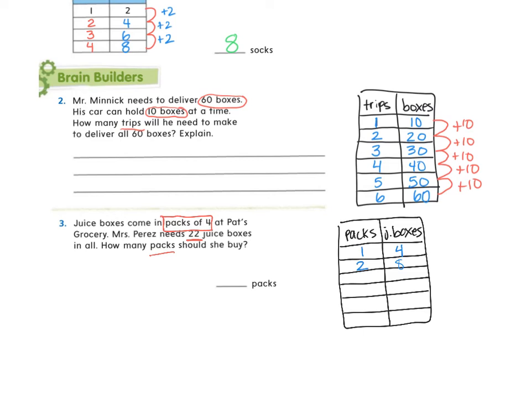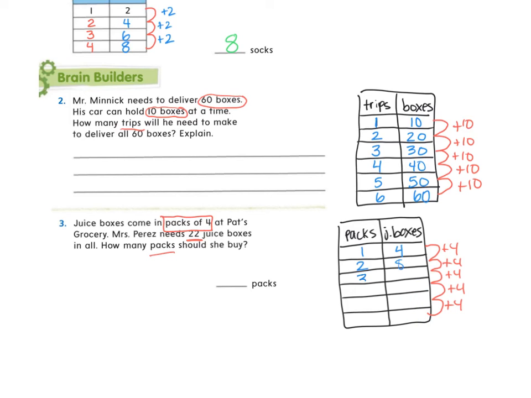So I see every time I go down the table here, I'm adding 4 juice boxes. Plus 4, plus 4, plus 4. Every time I do that, I don't know how many times I'm going to have to add 4. I'm just going to go ahead and draw that for myself so I remember that's what I'm doing every time I add another pack. And remember, in my problem, it said she needs 22 juice boxes, so I'm going to have to keep doing this until I have at least 22 juice boxes, all right?